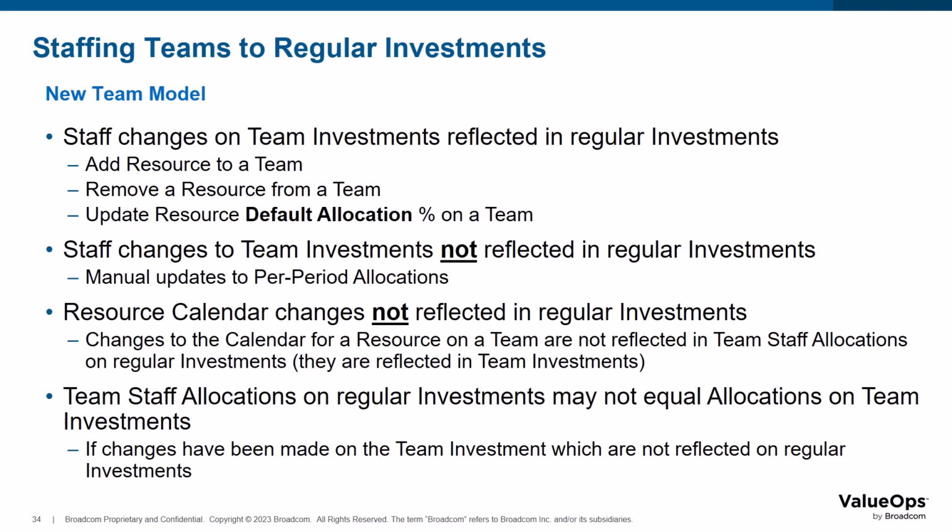But those changes will be reflected in the team investment itself. As a result of that, some of the team staff allocations on regular investments may not equal the allocations on the team investment, even once you adjust it for the team's allocation percent.